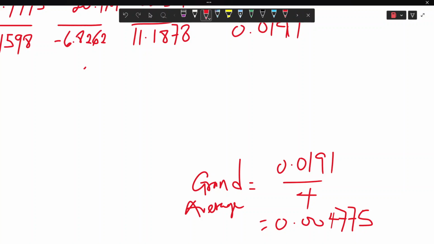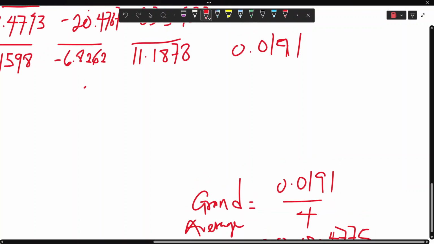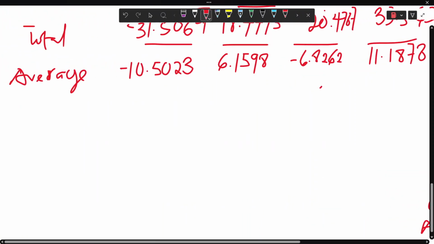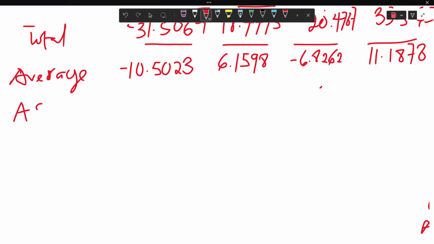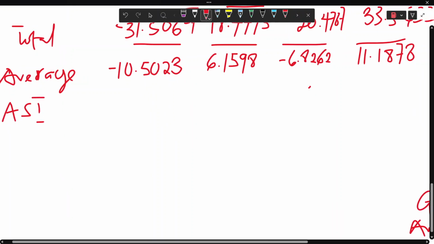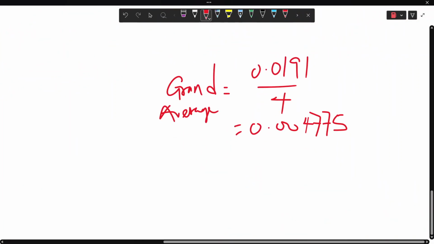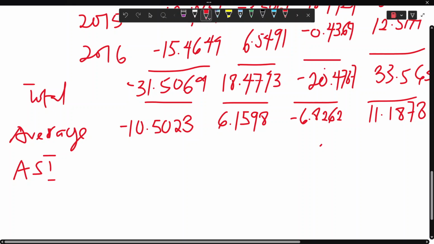Since it is positive, to bring this value to 0, we need to subtract. So average minus the grand average, which gives us the adjusted seasonal index. 0.004775.